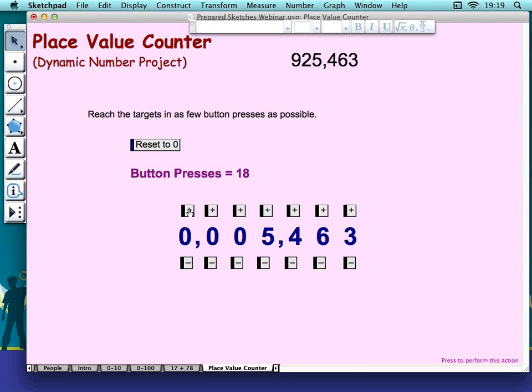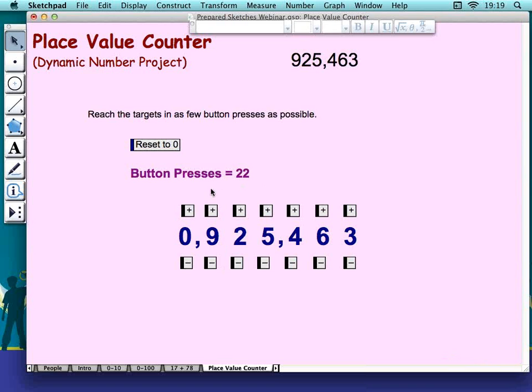For instance, I might realize that if I started with a 1 in the millions place and subtracted 1 in the 100,000th place, I've gotten this digit correct in only 2 button presses instead of taking as many as I was taking on these first few.